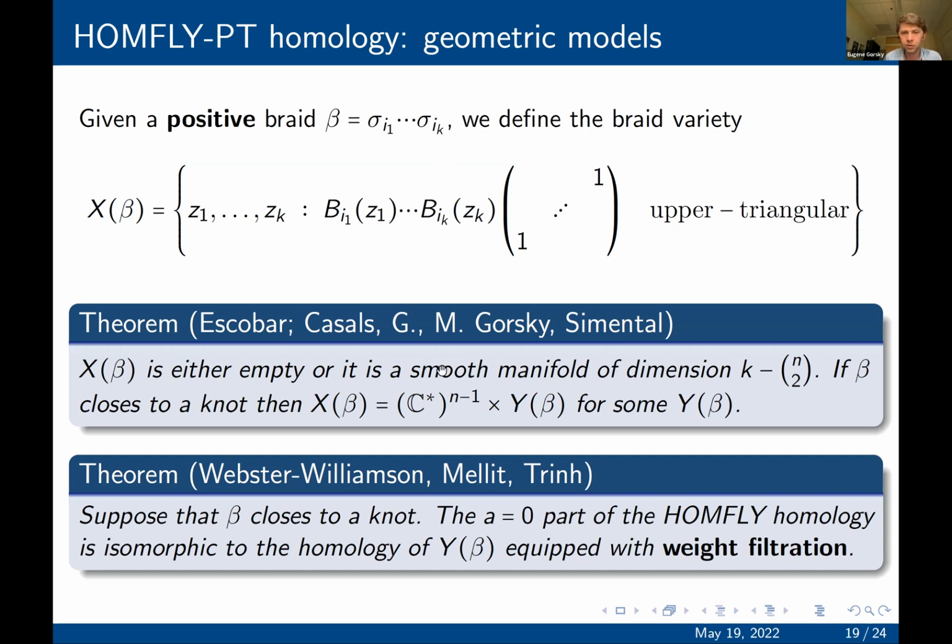But if it is not empty, then this is a smooth manifold of expected dimension. And if it closes to a knot, then actually you can factor some C star to some power from this variety, but maybe that's too technical.